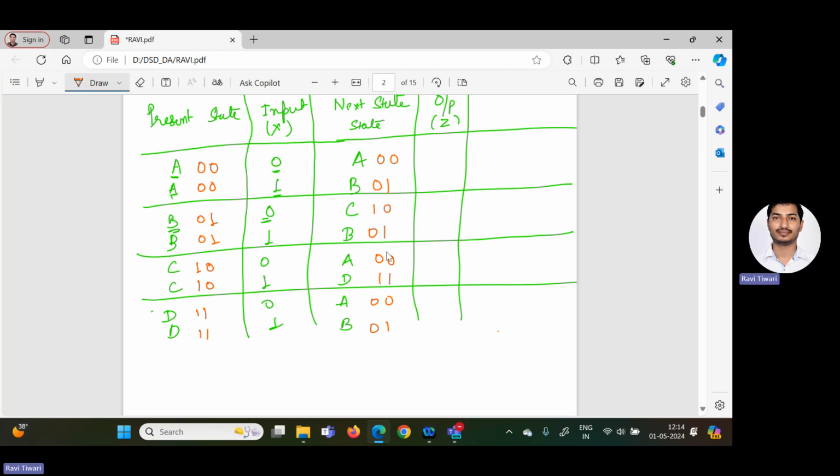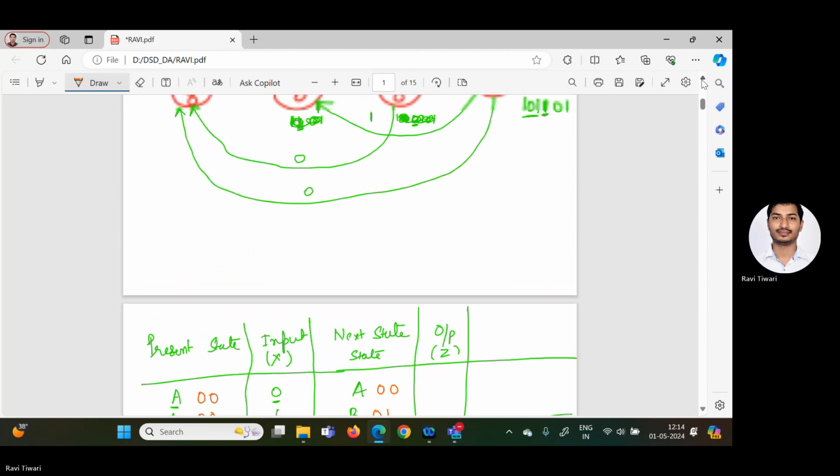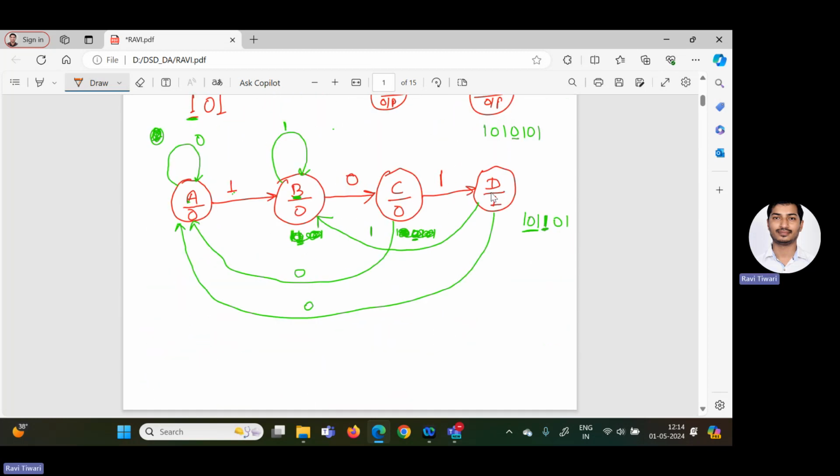Now you see I filled all the details here. Now, what will be the output? The output is associated with the state, right? Whenever you move from D to B or D to A, your output becomes 1, because in the Moore machine, output is indicated along with the state.